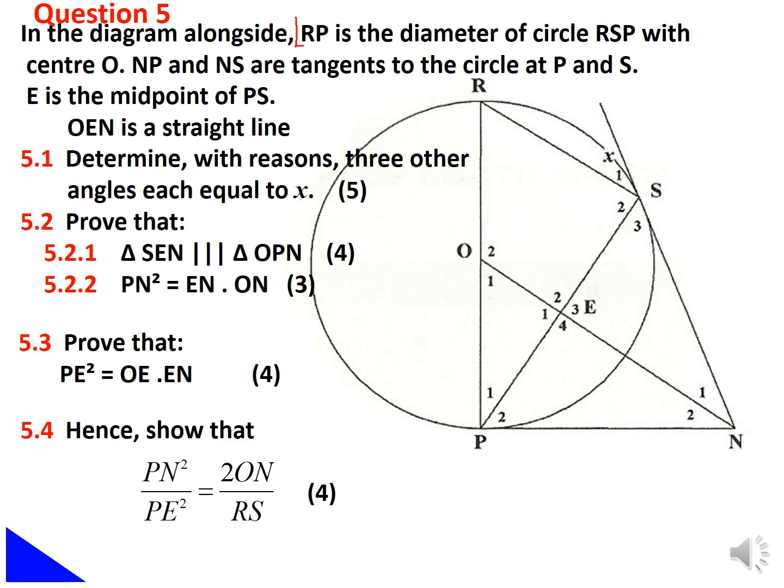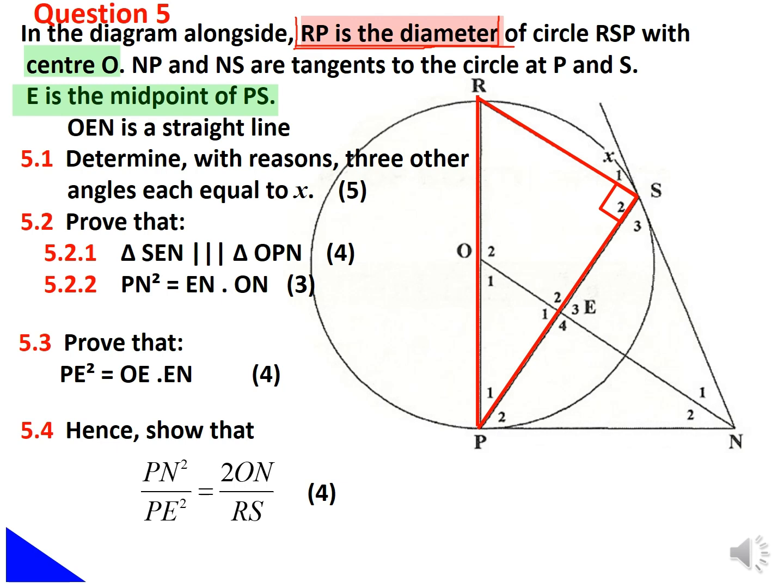So here we have used the diameter of the circle. We know that the diameter subtends an angle of 90 degrees, or we can say angle in a semicircle is equal to 90 degrees. And that assisted us in determining the angle S2, which is equal to 90 degrees.